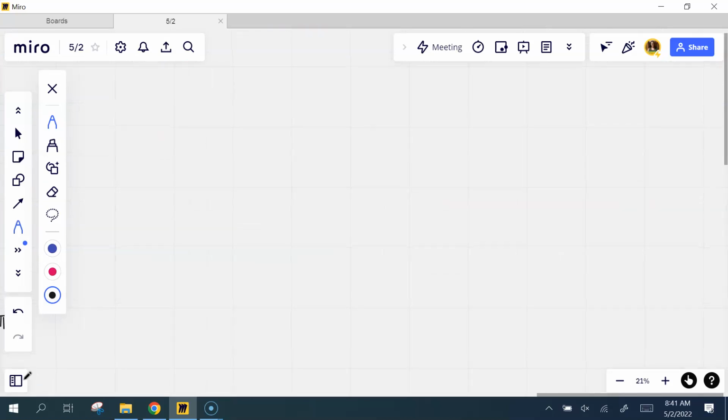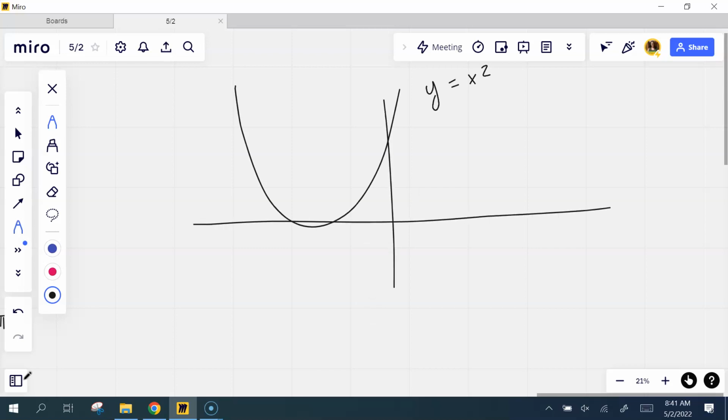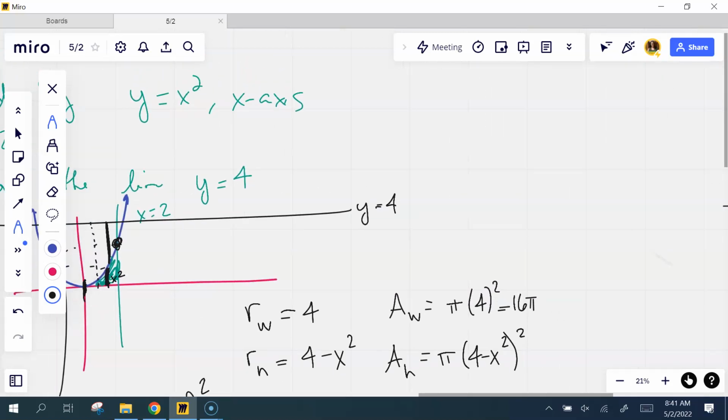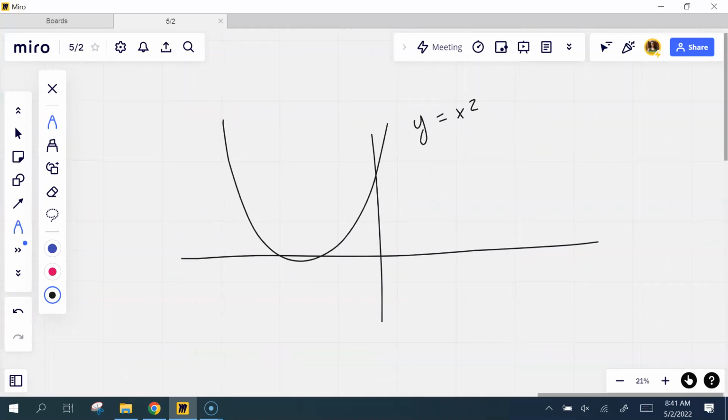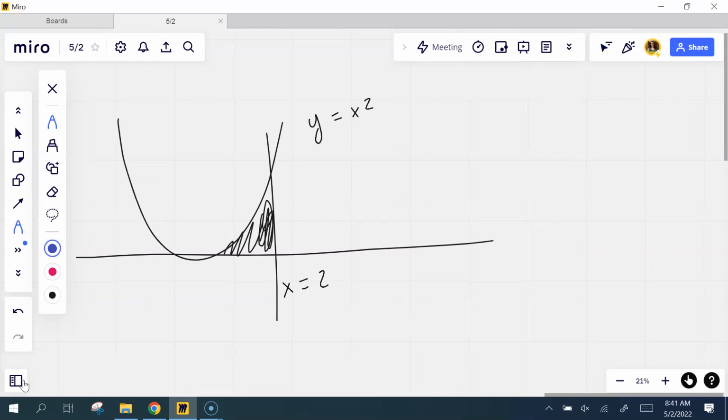So let's say we have the same y equals x squared, still bounded by the line x equals 2. So I'm talking about this region. Let's say that the cross sections here are squares.